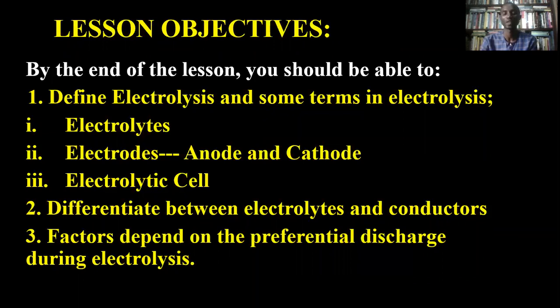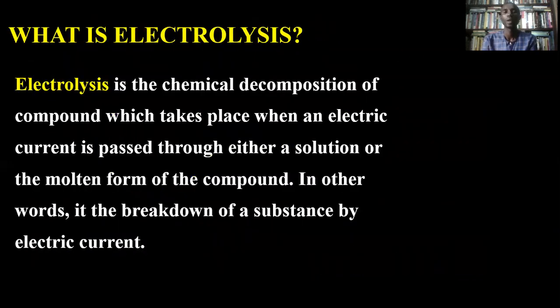Let's begin by asking, what is electrolysis? Electrolysis is the chemical decomposition of compounds, which takes place when an electric current is passed through either a solution or a molten form of a compound. Remember the car battery that I talked of?